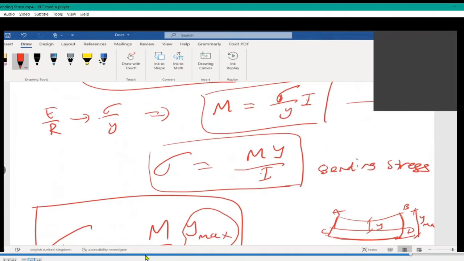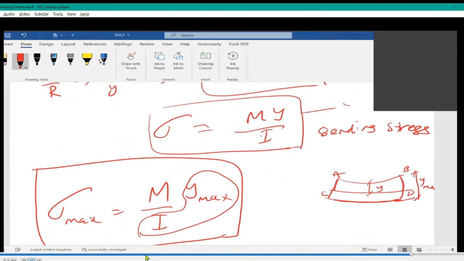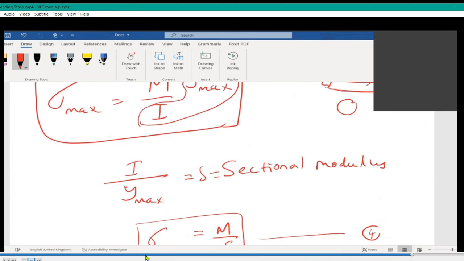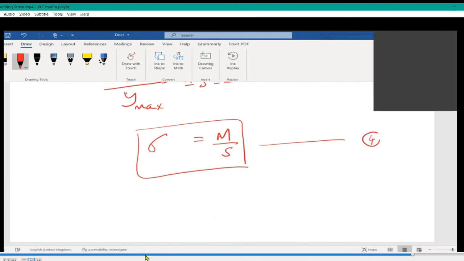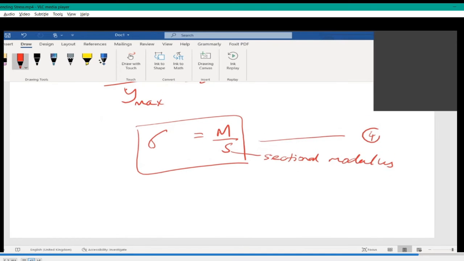This is 3, this is 4. So we got another equation, sigma in terms of sectional modulus. Any question so far? And this sectional modulus will vary from I section to T section and so on.